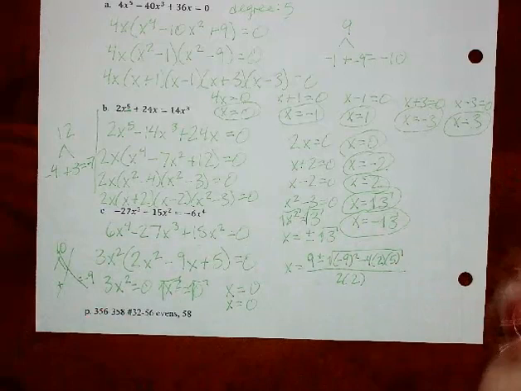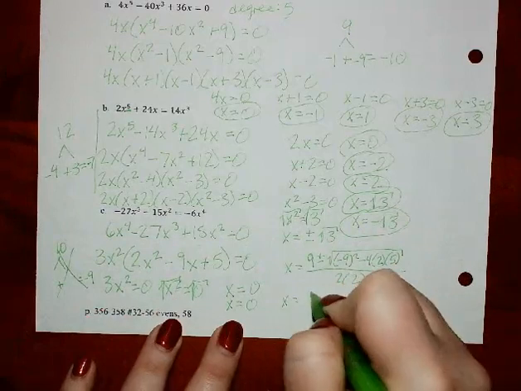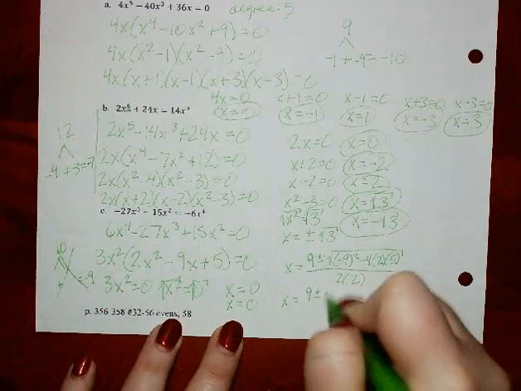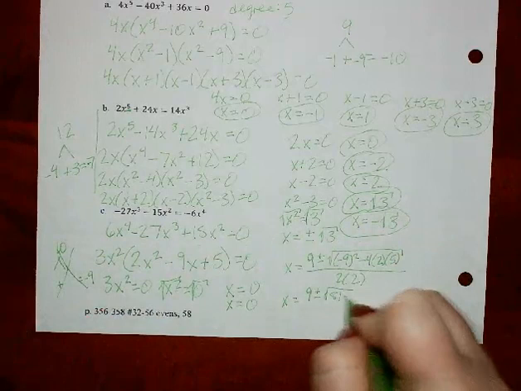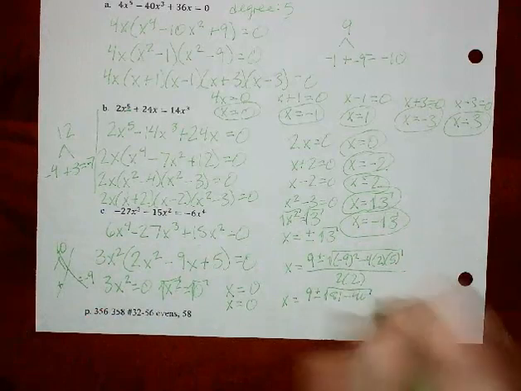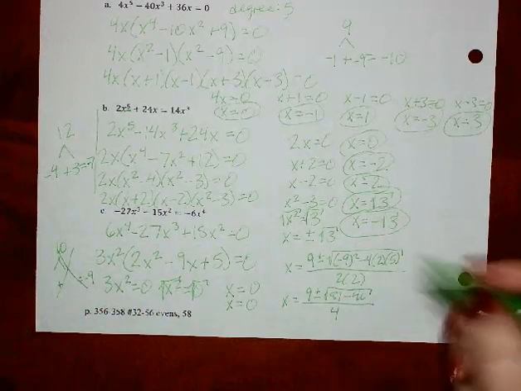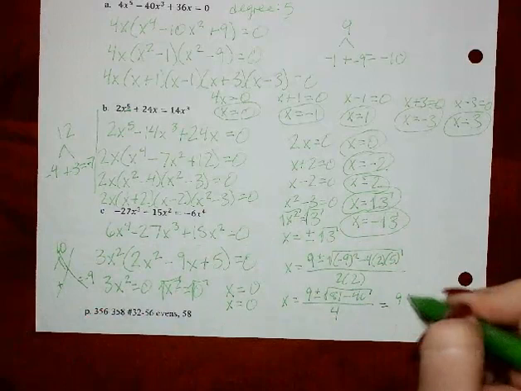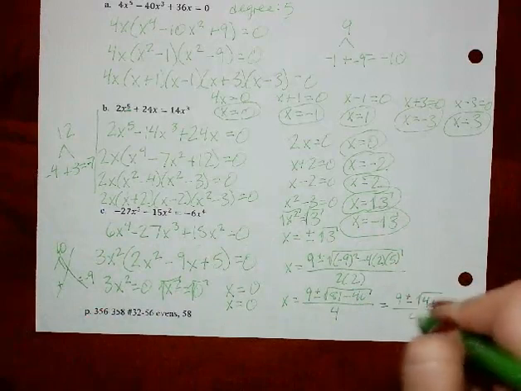So that will simplify to x equals 9 plus or minus the square root of 81 minus 40, all over 4. So 9 plus or minus the square root of 41 all over 4.